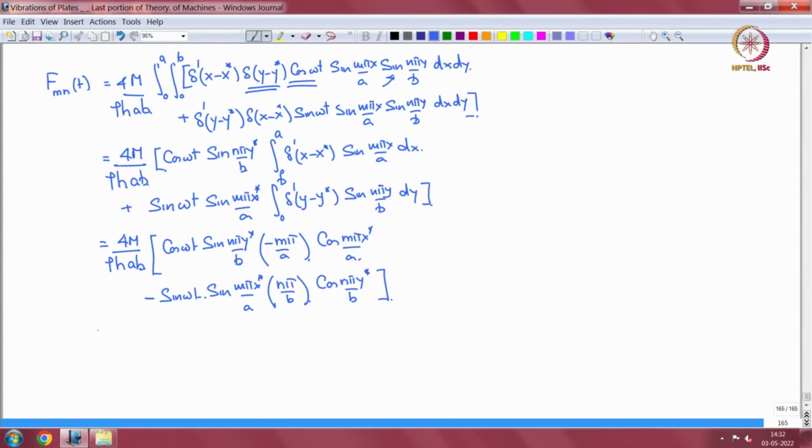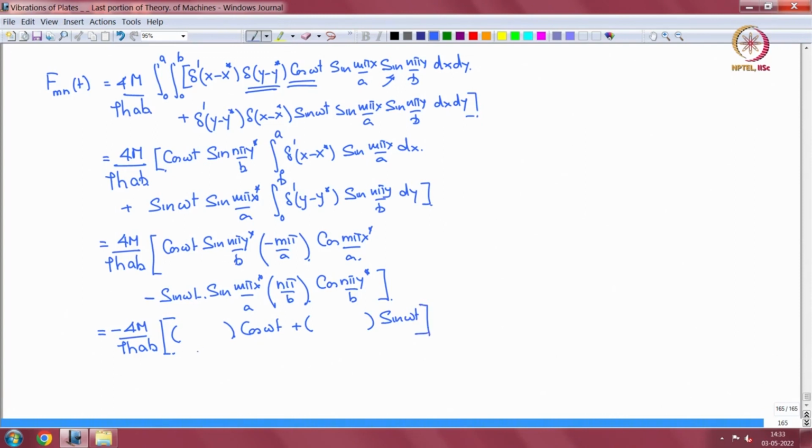Okay, if I bring this outside, minus 4m by rho h ab, okay, then I have something into cos omega t plus something into sine omega t. Okay.